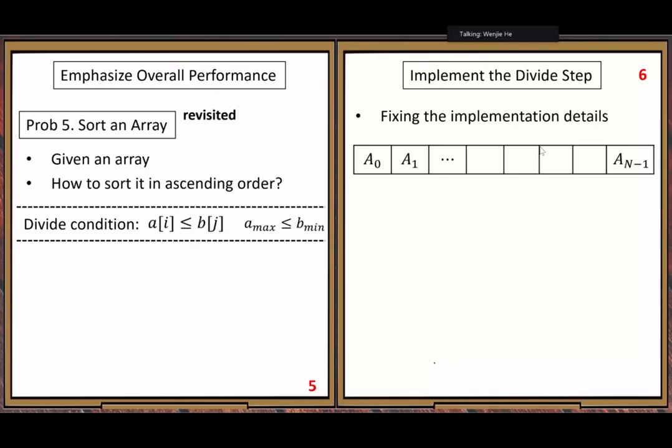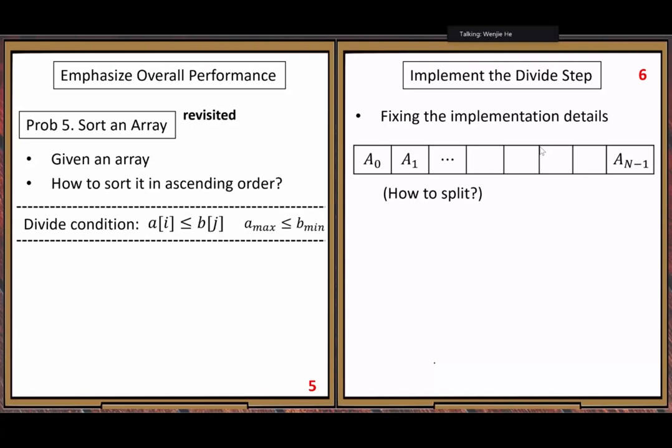Now let's represent our data in this way, before the divide step. So this is our data. Now the question: how to split? You have a lot of freedom, right? You can split it in a lot of different ways.